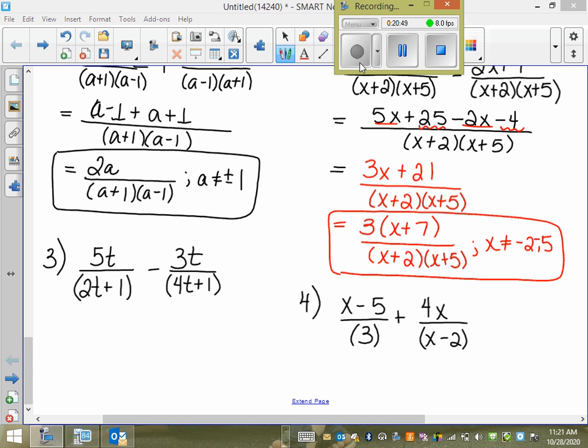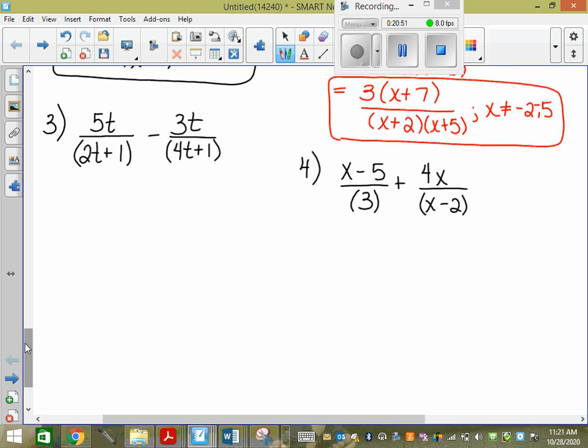Okay, so for number 3, we have to multiply this one by 4t plus 1, and this one by 2t plus 1. Just make sure we distribute our tops first, right?